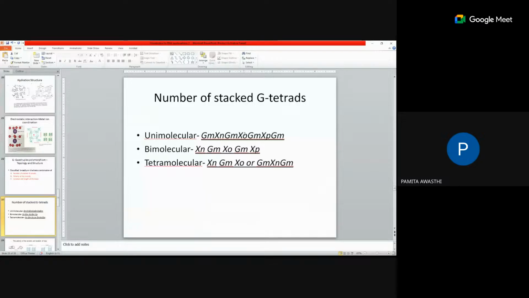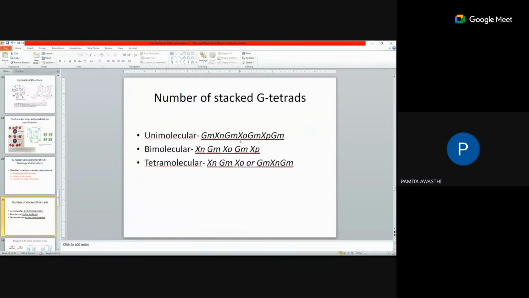This is the nomenclature generally being used. Specifically in unimolecular, in this case, what does GM mean? What does Xn mean? And what does this X0 mean?